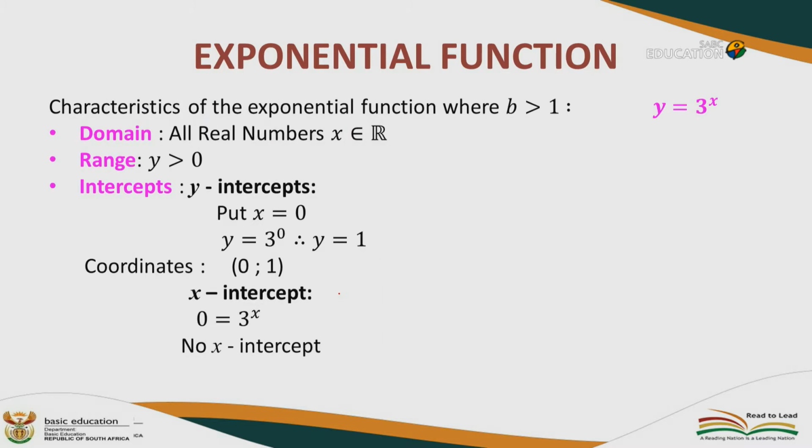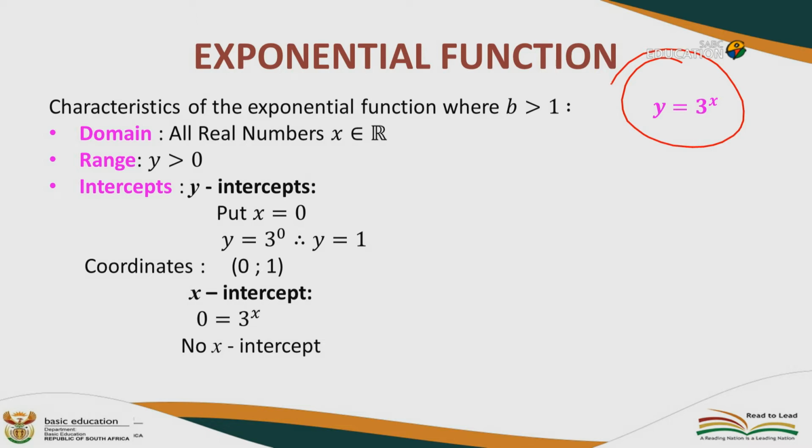Now remember, in our objectives, our focus is to look at all those characteristics to say, how does this graph function behave when we have these characteristics? The first characteristic that we'll talk about is the domain.